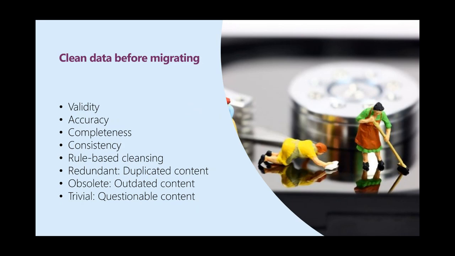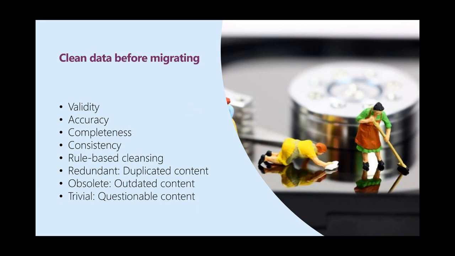You have to filter it out and create rule-based cleansing and use automated machine learning for cleaning here. And this will help to clean up the new target tenant, because it's not very recommended to move the same content into the same target tenant, because there's always room for improvement regarding cleaning and tidying.